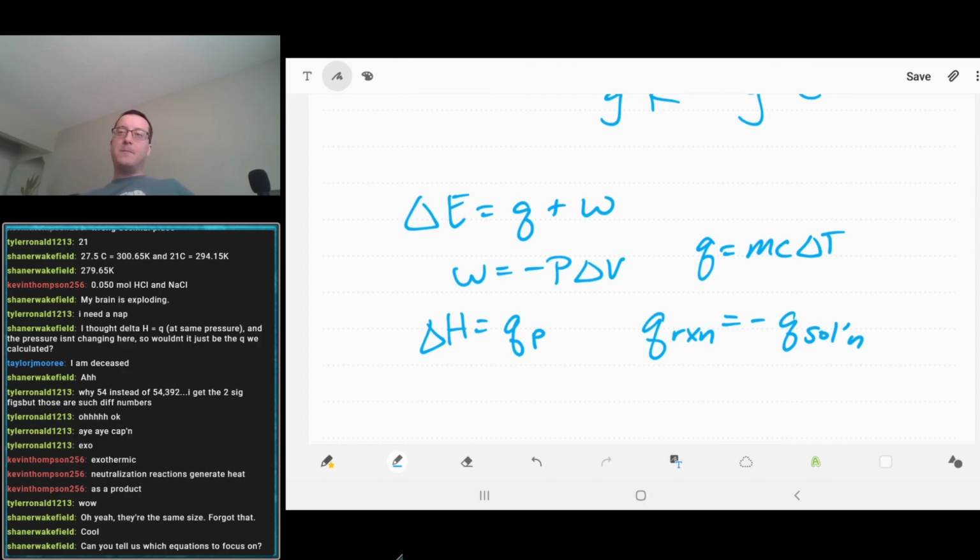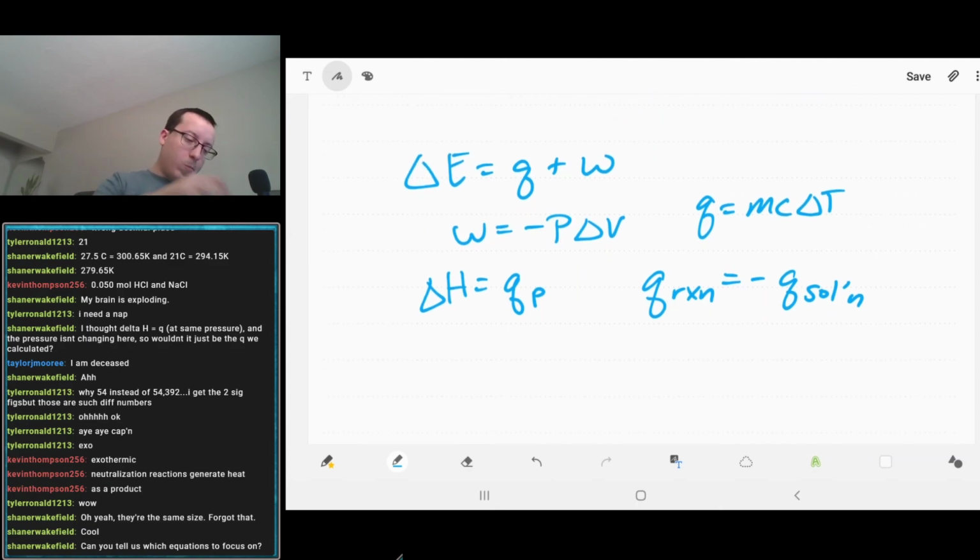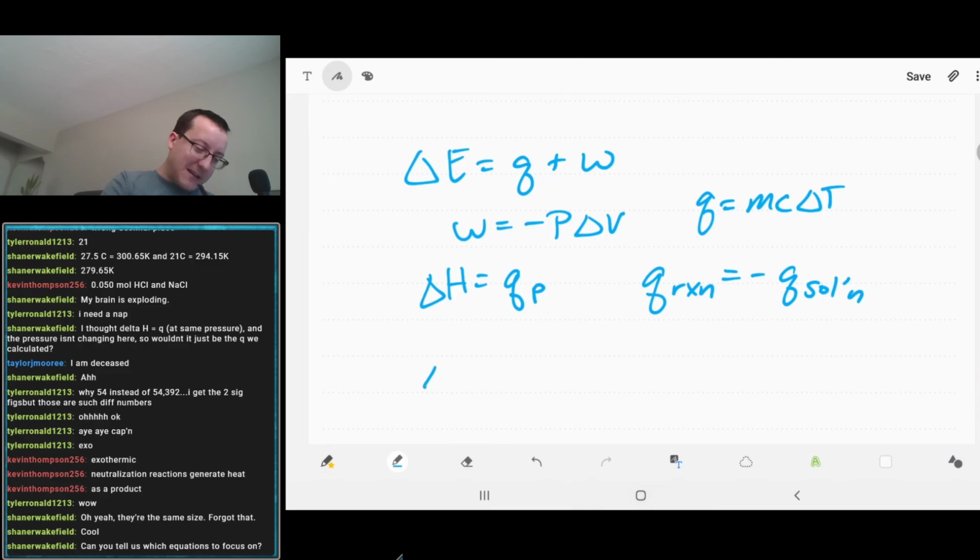If you want the main equations for this, here they are. And let me just make that distinction. Delta H for a reaction.